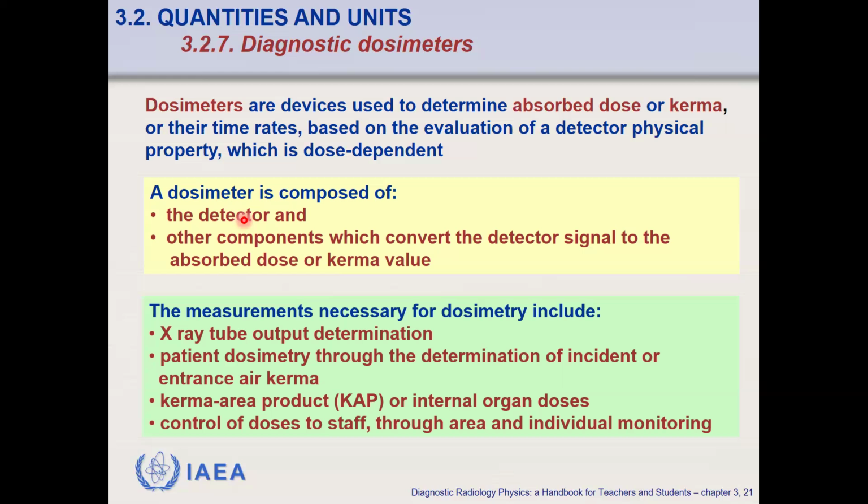These physical properties change proportionally with the absorbed dose or kerma. So the measurement is proportional to the absorbed dose or kerma. So a dosimeter is composed of the detector and other components which convert the detector signal to the absorbed dose or kerma value.